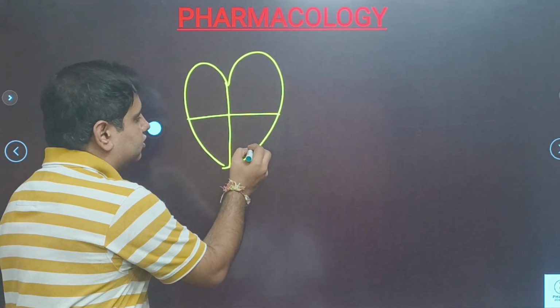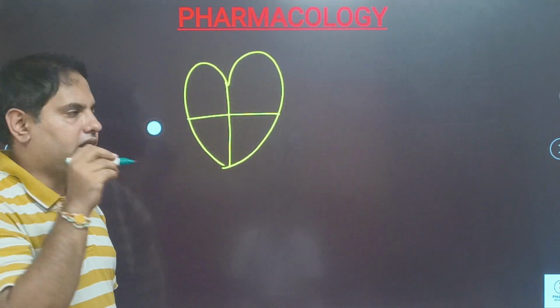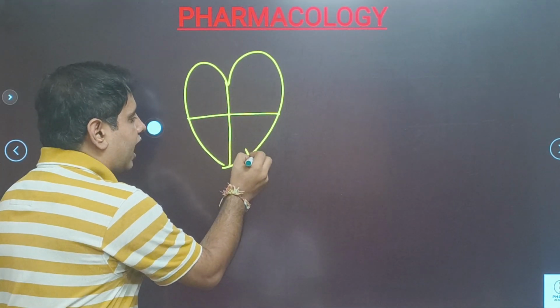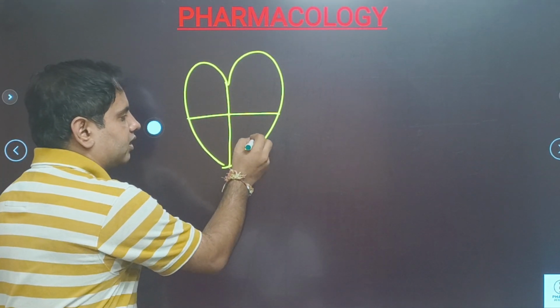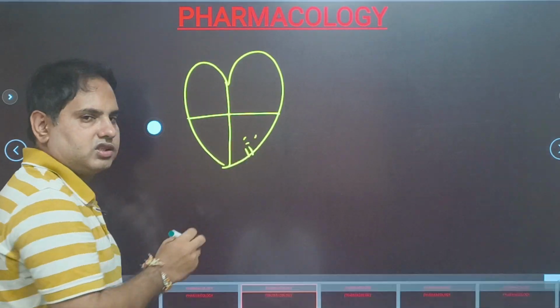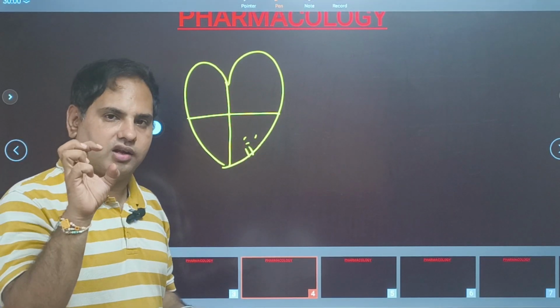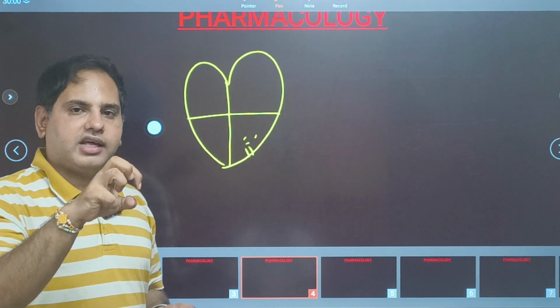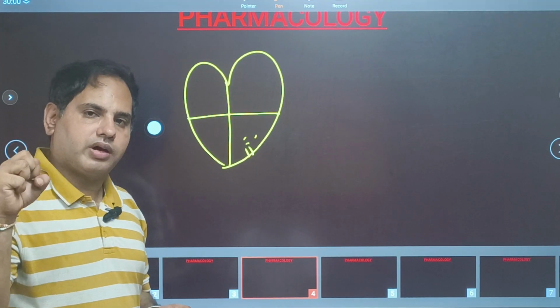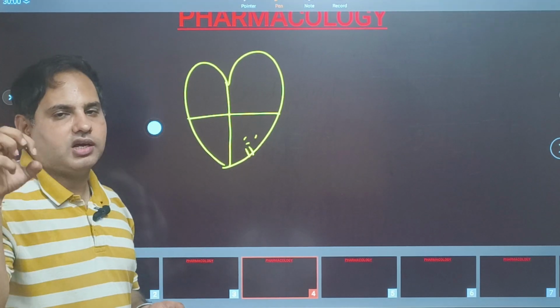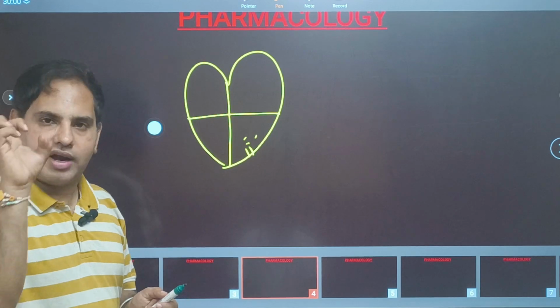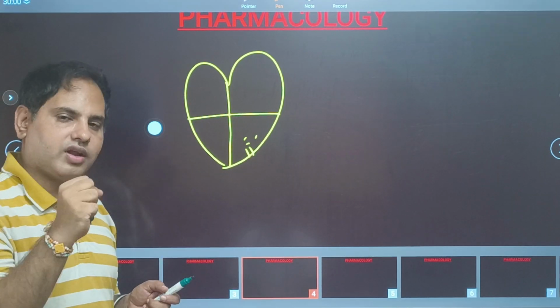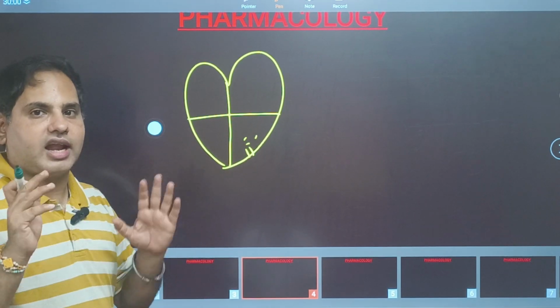It blocks the sodium potassium ATPase, increases calcium loading, and increases the force of contraction of the ventricles. Digoxin's direct action is in the left ventricle. It inhibits the sodium potassium ATPase pump and increases the calcium concentration, and so the force of contraction of the ventricles increases, because actin and myosin filaments interact with each other. That is the direct action.